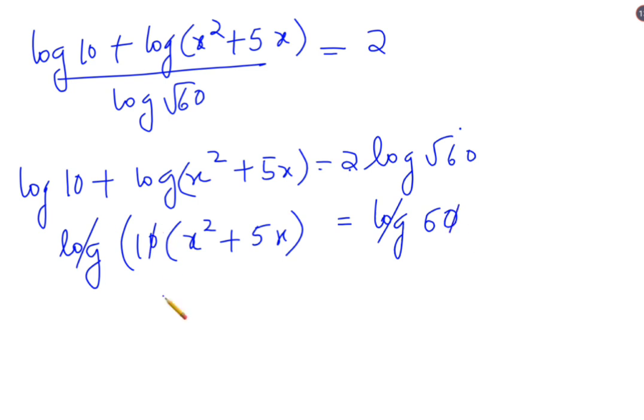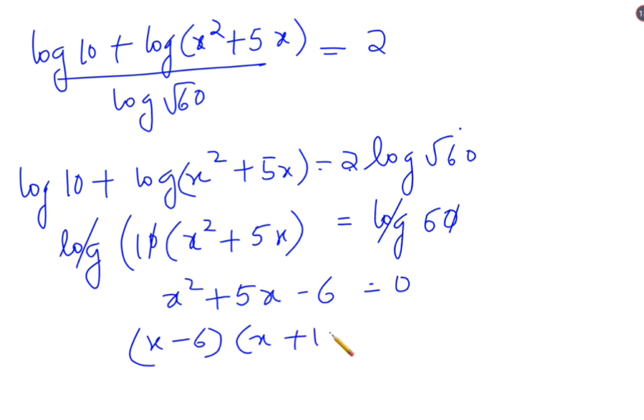So we are left with x square plus 5x minus 6 equals 0. So we have x minus 6 or x plus 1 equals 0.